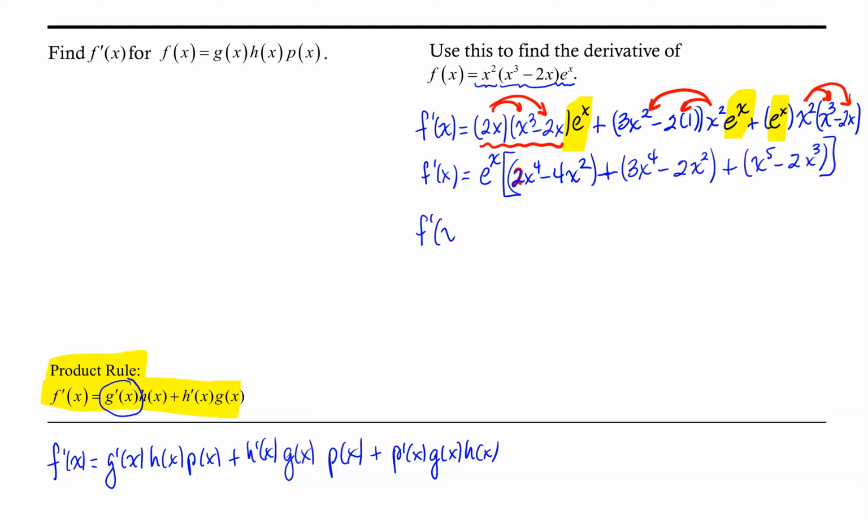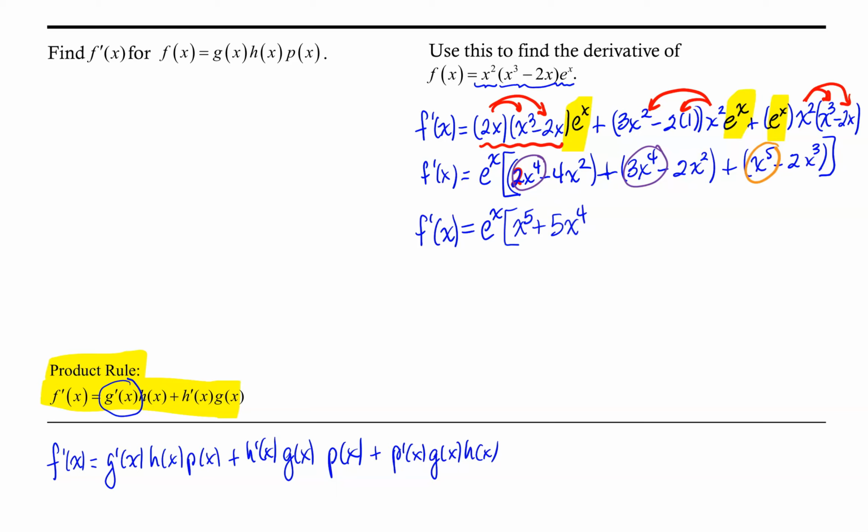And we can continue to clean that up just a little bit more. We will have e to the x times the quantity. Now, collecting up like terms in my brackets, I have a single x to the fifth. Looking at x to the fourth, we have 2x to the fourth plus a 3x to the fourth, so plus 5x to the fourth.